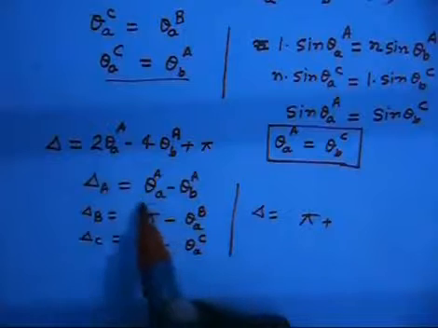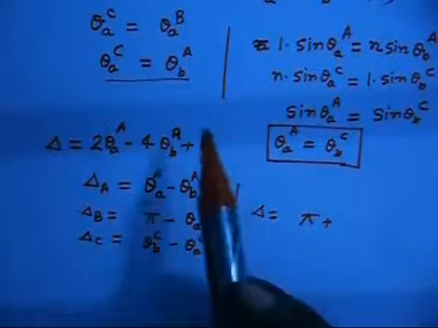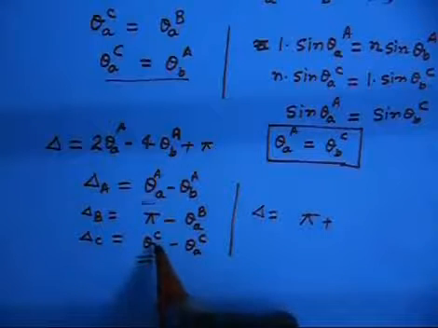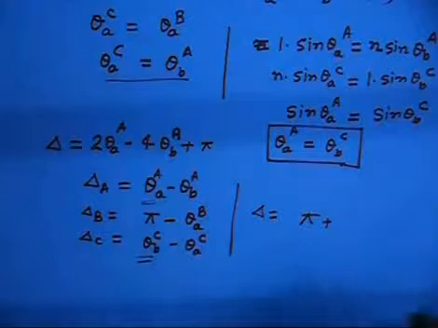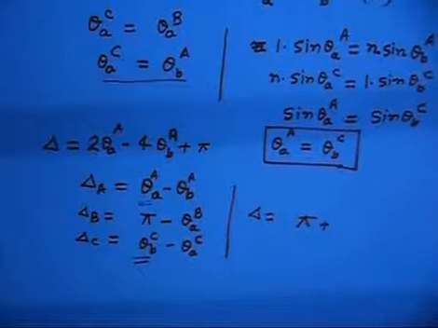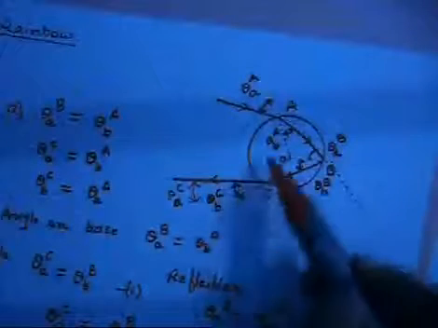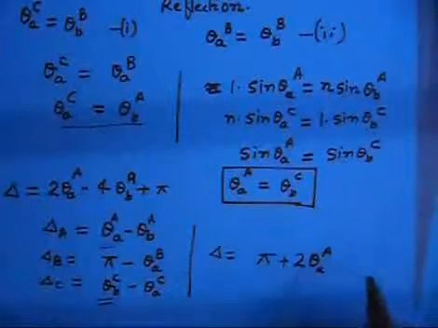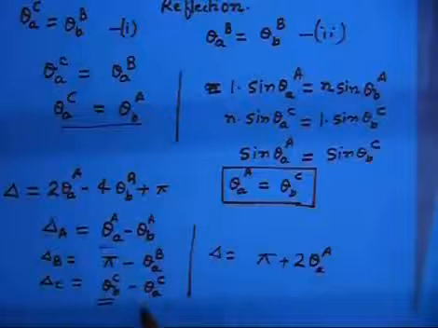And then I should have theta b at C, and you see theta b at C is the same as theta a at A. We have already proved this. So this is plus 2 times theta a at A.